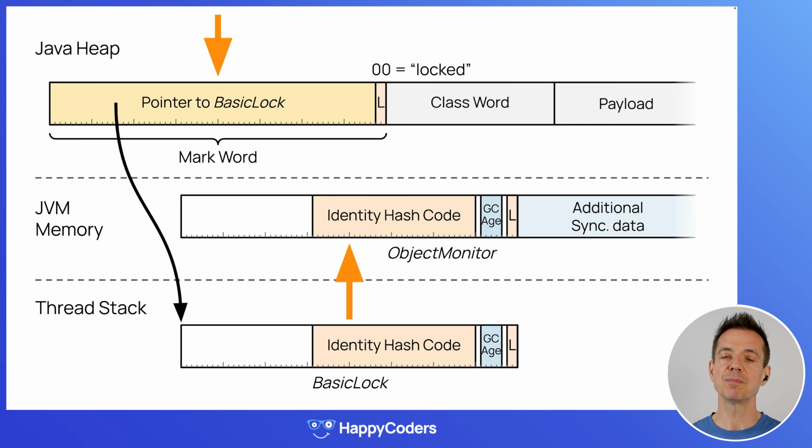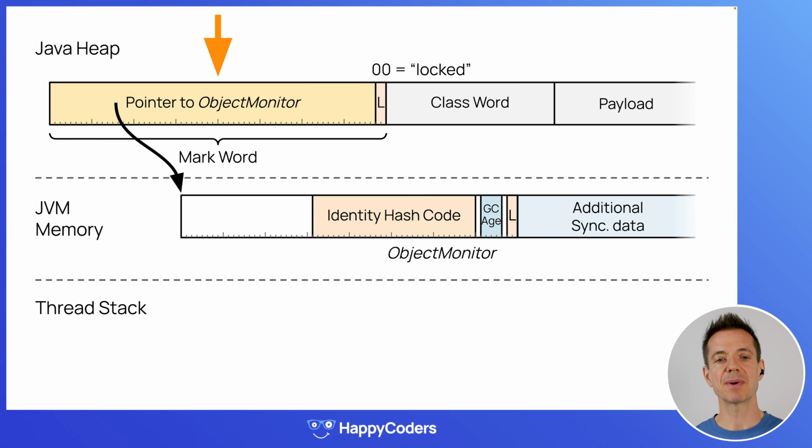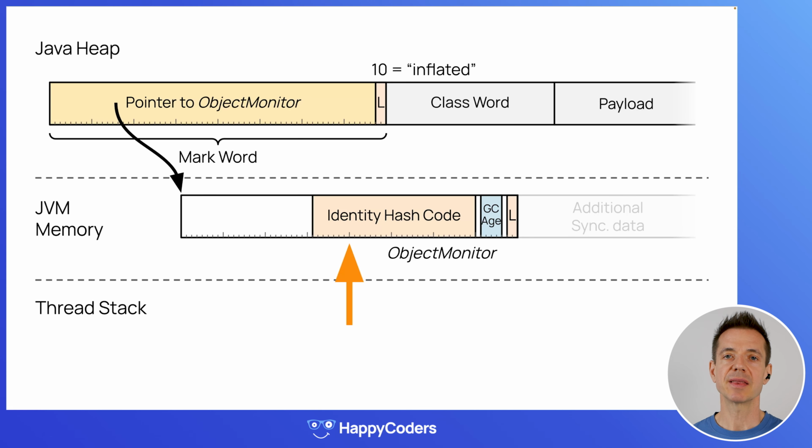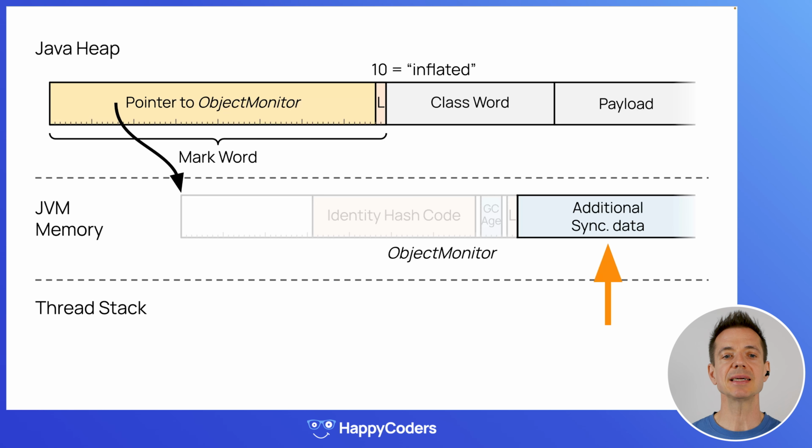The upper 62 bits of the mark word are then replaced by a pointer to this object monitor, and the lock bits are set to 1,0. The object monitor again contains the original mark word and additional synchronization data, such as a list of waiting threads, which allows the JVM, as soon as the first thread leaves the synchronized block, to wake up one of the others.